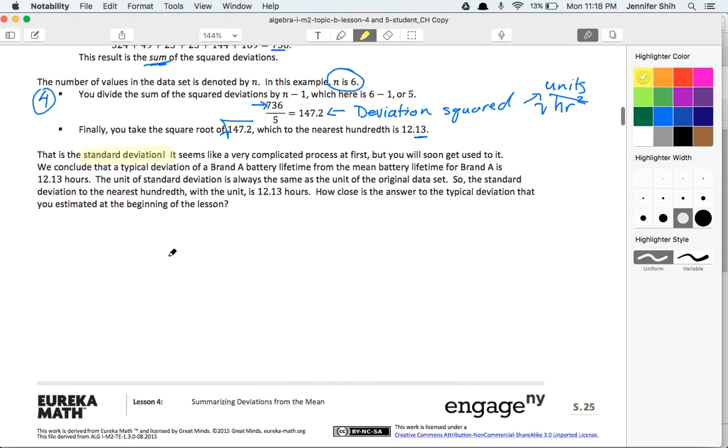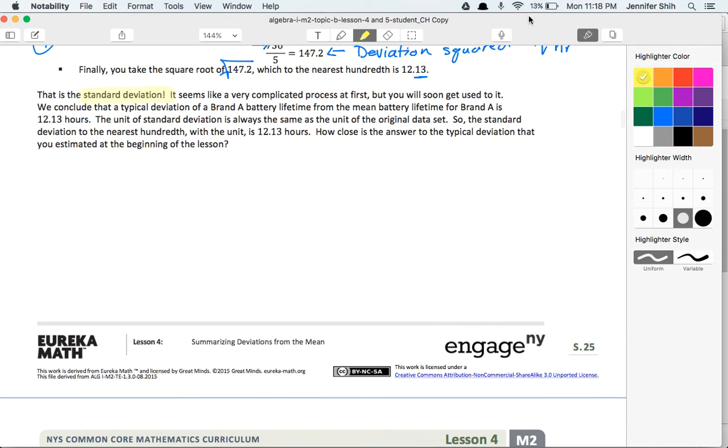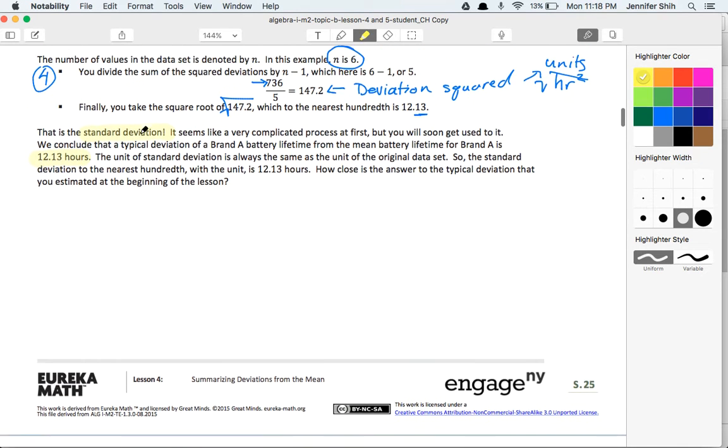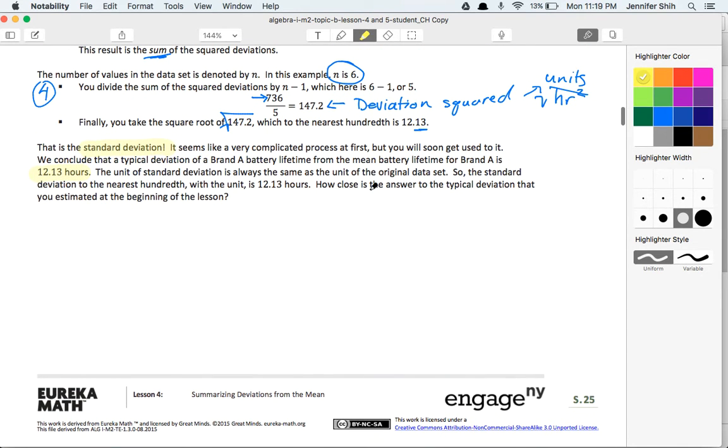It seems like a very complicated process at first, but you will soon get used to it. We conclude that the typical deviation in brand A is 12.13 hours. Is that what we got? Yes. The unit of standard deviation is always the same. Okay. How close is the answer to the typical deviation that you estimated at the beginning of the lesson?